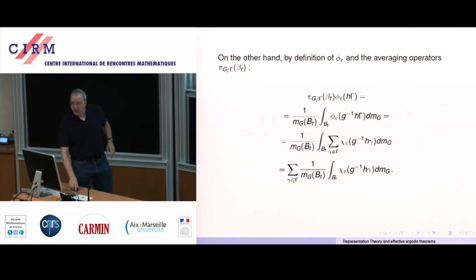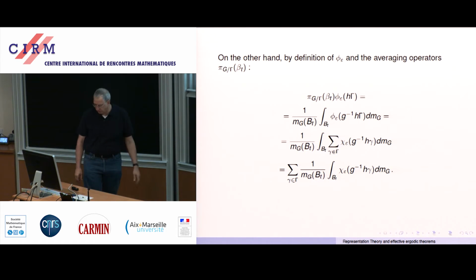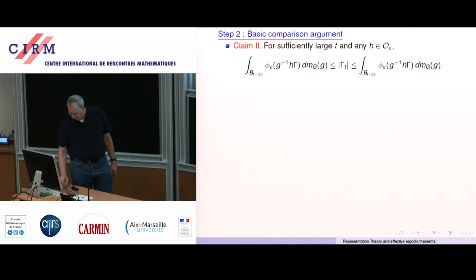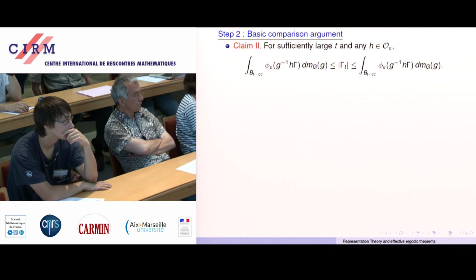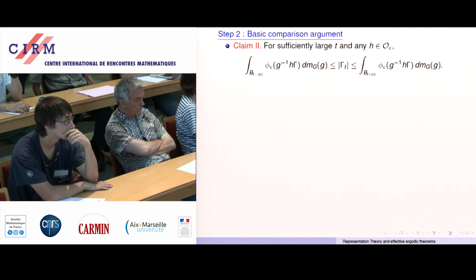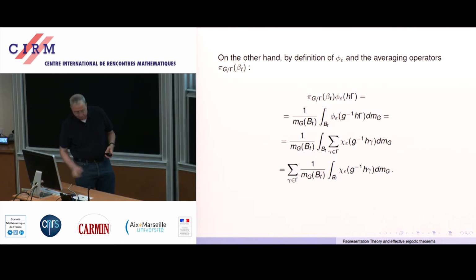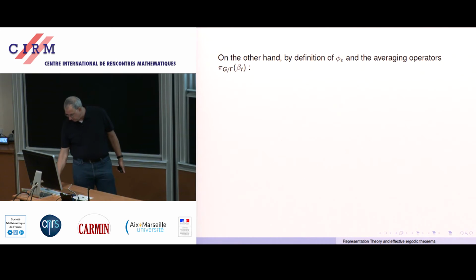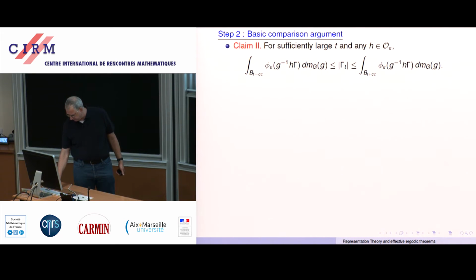And what we're going to do now is an extremely simple geometric comparison argument for these expressions. The main point there is going to be admissibility. So claim 2 is that these sums, this is precisely the expression that appears here, have the following property.